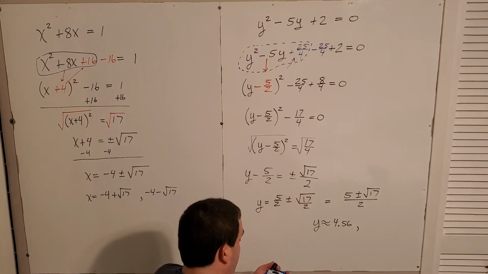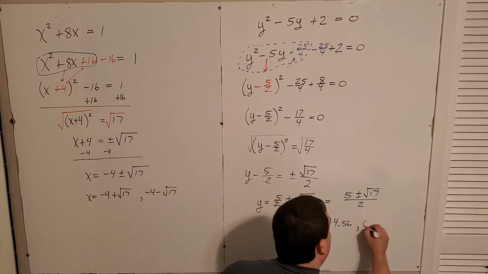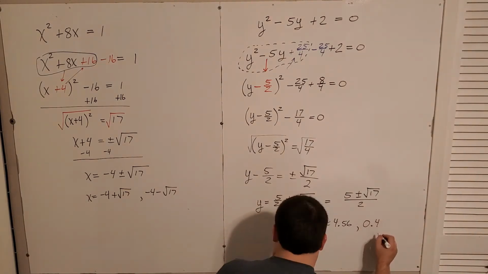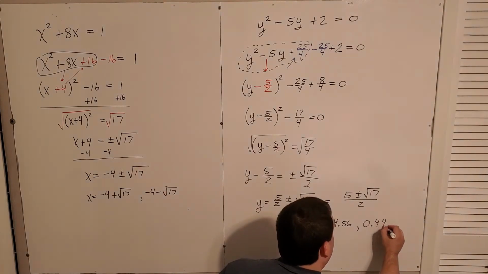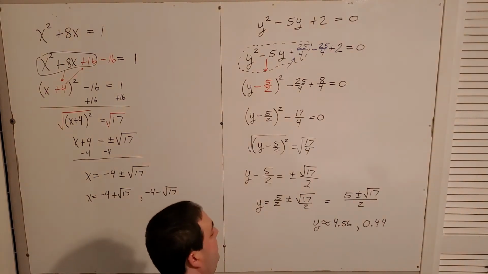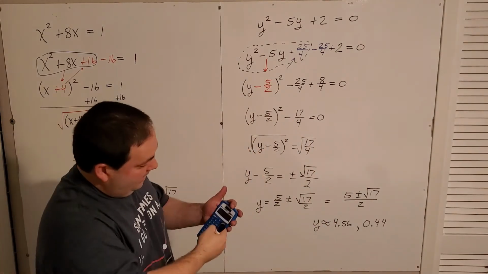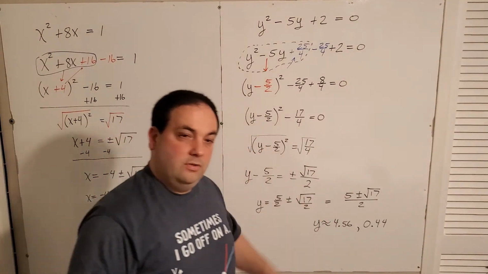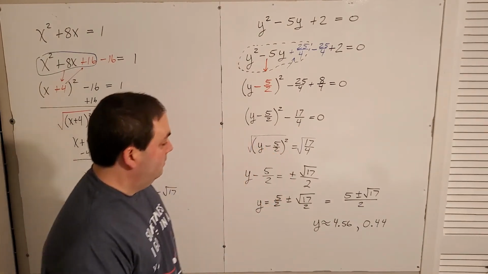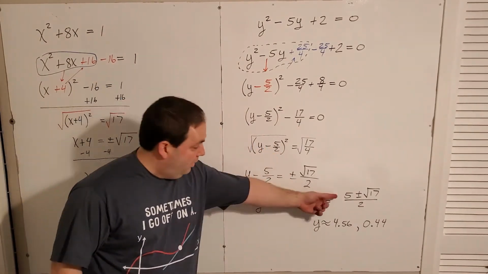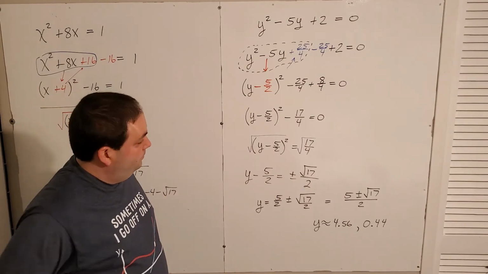Or 5 minus square root of 17 over 2, 0.44. And you'll notice I put the approximately sign right there on the y because I did have to chop these decimals to write them. You're not going to be able to write the exact form any other way other than with the radical. Okay?